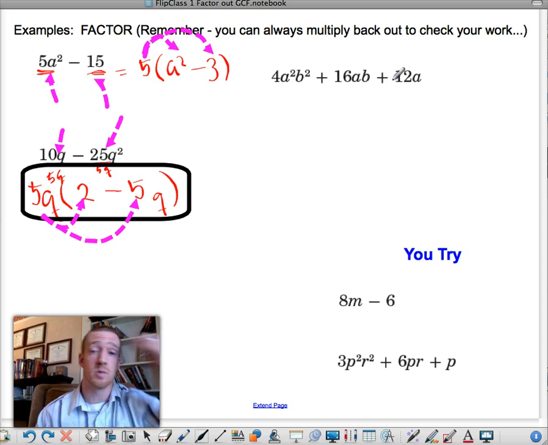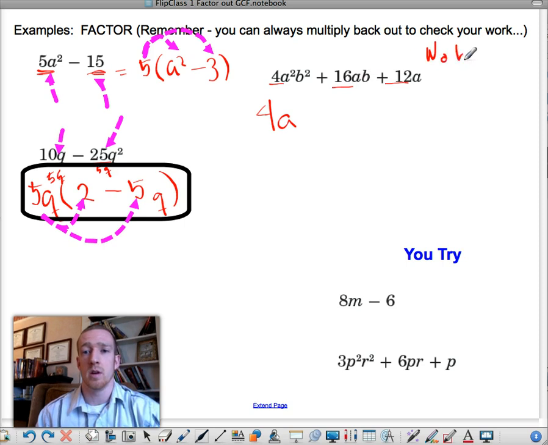Alright, so last one. This one's got multiple variables, a bunch of numbers. They're all even, so I can at least get a 2 out. But actually, they're all divisible by 4, so I can unmultiply a 4. They all have at least the variable a, so I can unmultiply an a. Got a b squared, a b, and there's no b here. So I can't divide that out of everything or undistribute it out of everything.